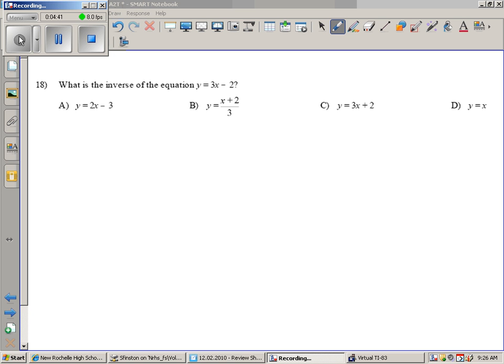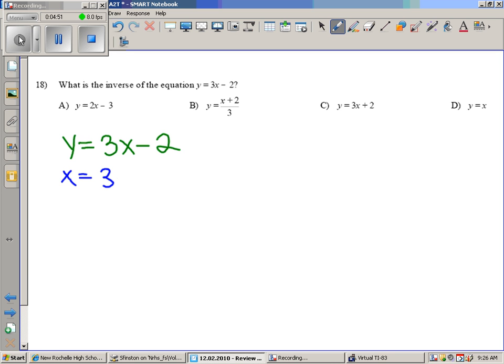Well, how do you find the inverse of an equation? What's step 1? Very nice. It's just like with coordinates. We're going to switch x and y. What's step 2? We're going to try and isolate y.